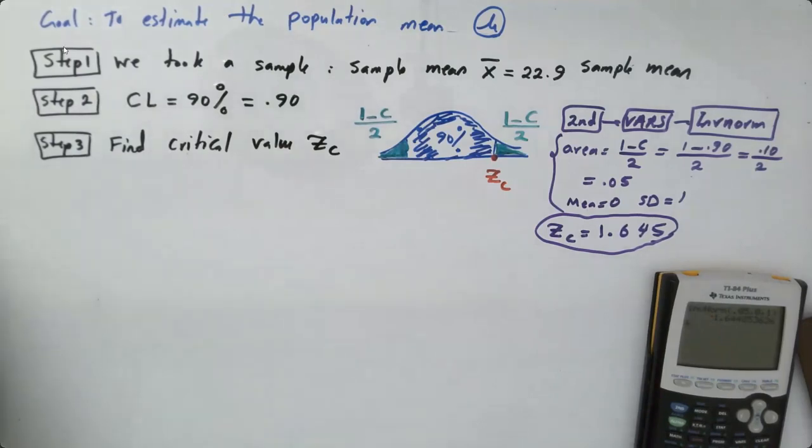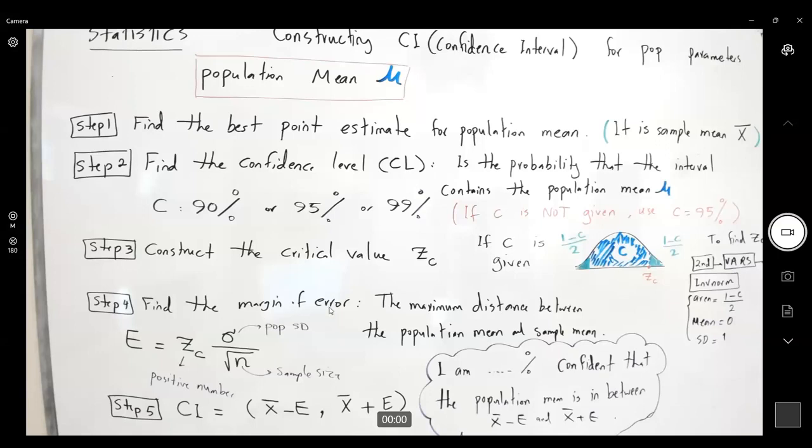After finding the critical value, take a look at your board. And step 4, you need to find the margin of error, the maximum distance between the population mean and the sample mean. It has a formula. E is equal to ZC times sigma divided by square root of n.